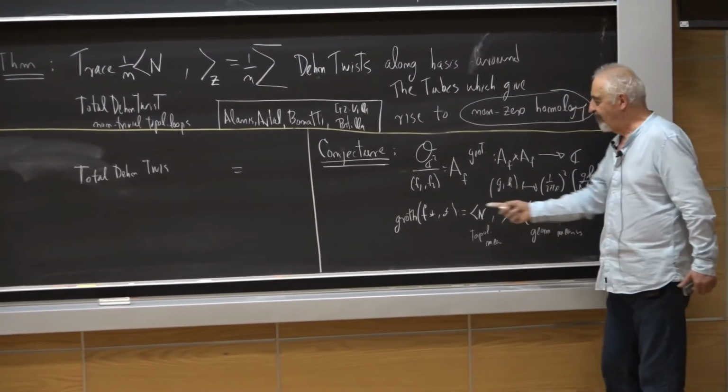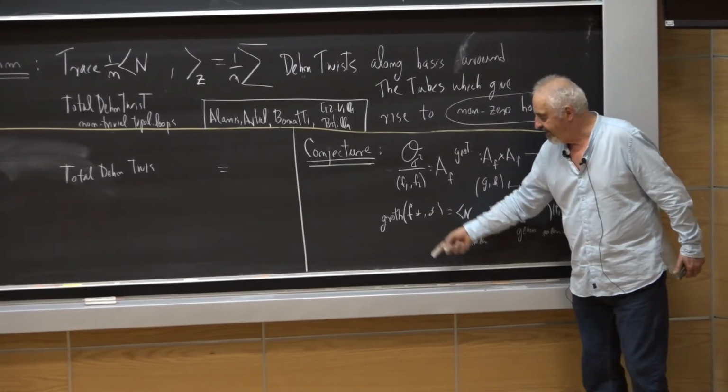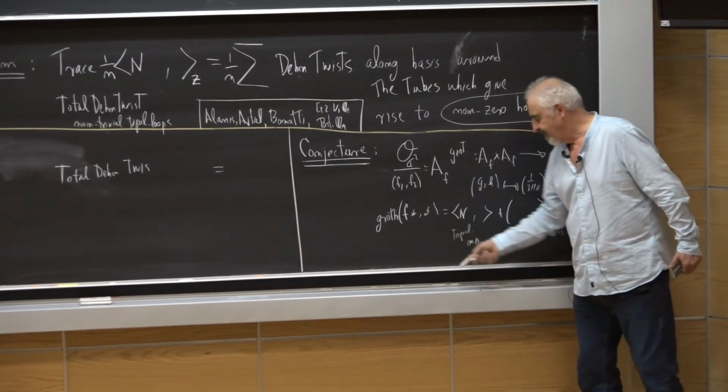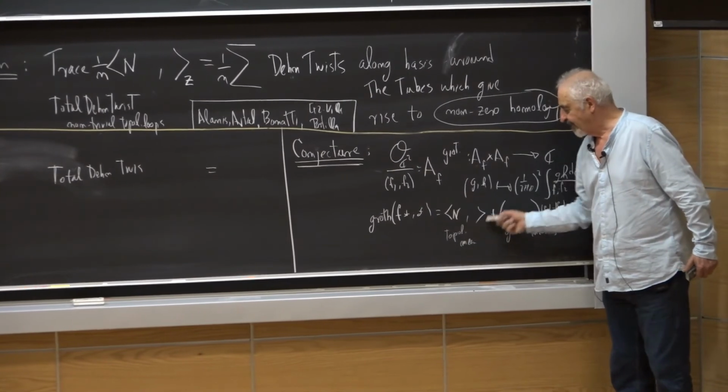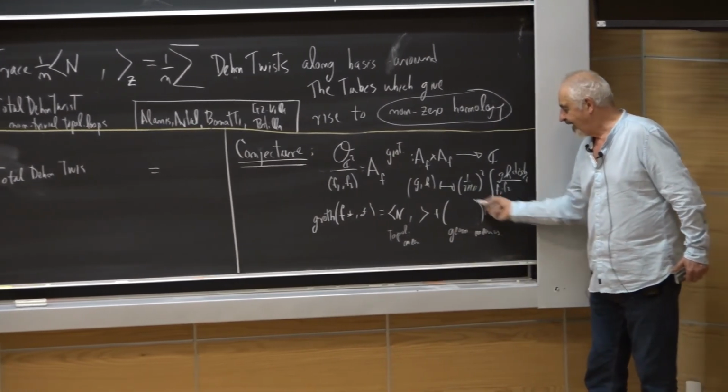So this means that if we move F in an equisingularity class, this part is fixed by the topology, but this part can move.